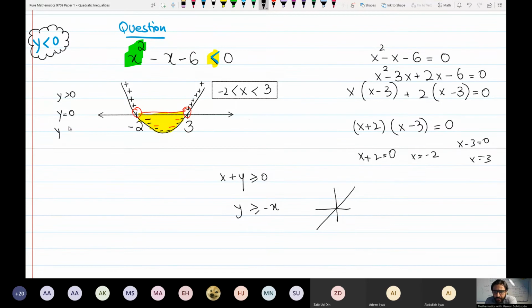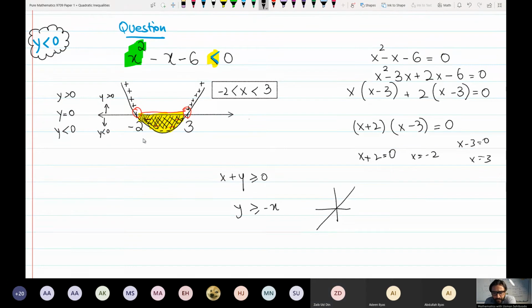So above the x-axis it's greater than 0. Below the x-axis it is less than 0. And what do they need? They need less than 0. So that is why I am shading the area that you are interested in, the part that is below the x-axis.